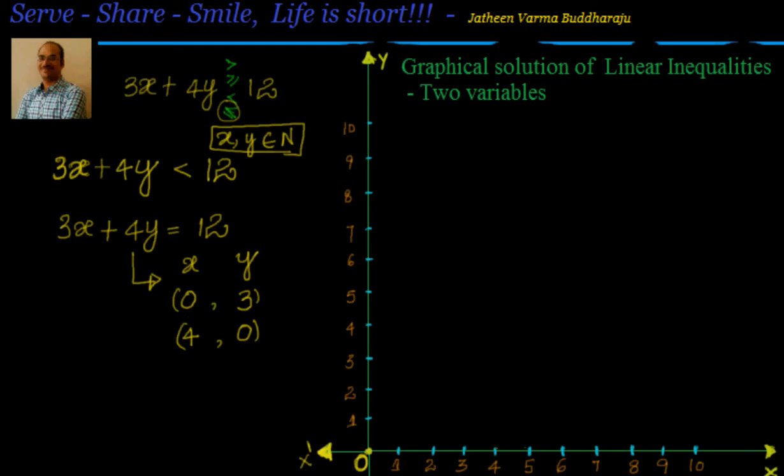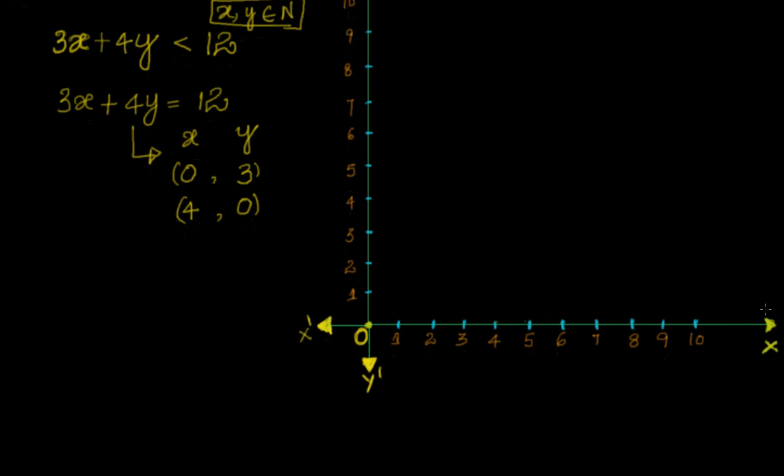So 4 comma 0 is one point, and the other point is 0 comma 3. Now we have to join these two.